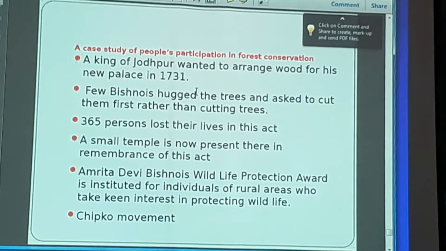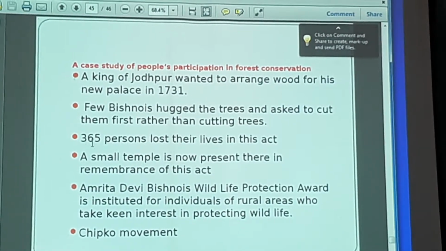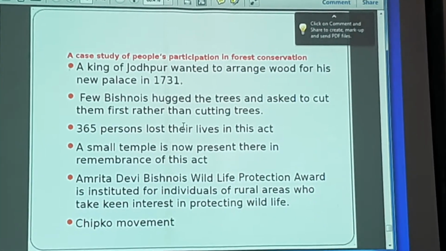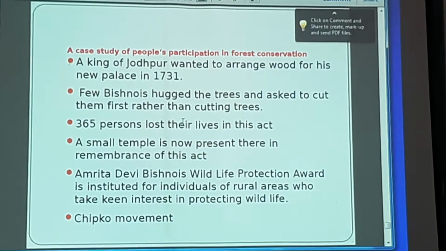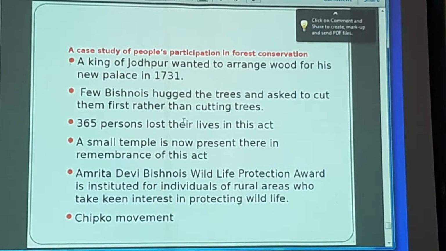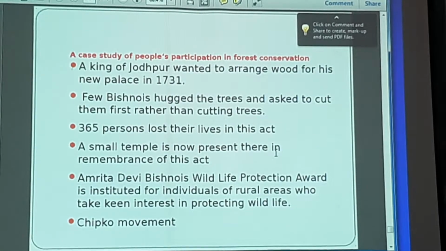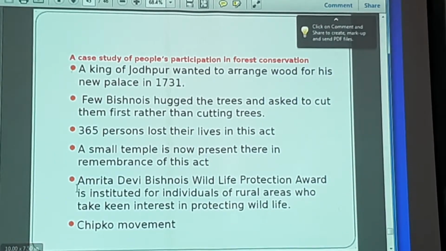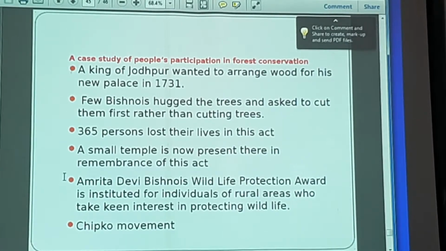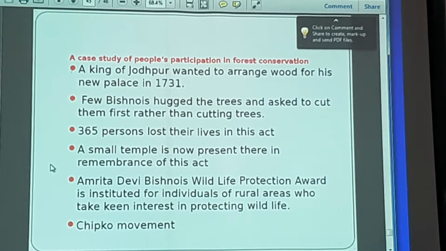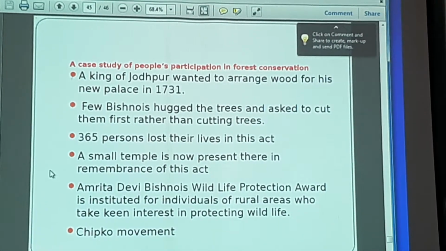So the Bishnoi community, 365 of them lost their lives by hugging trees. The king's men cut them first. A small temple is now present there in remembrance of this brave act of the Bishnoi community, which tried to protect this forest area.